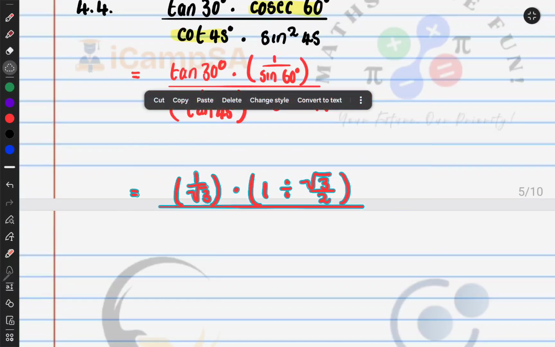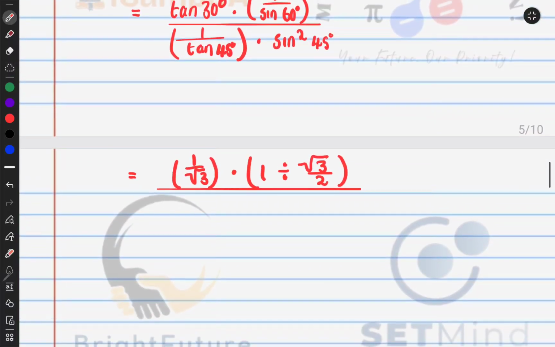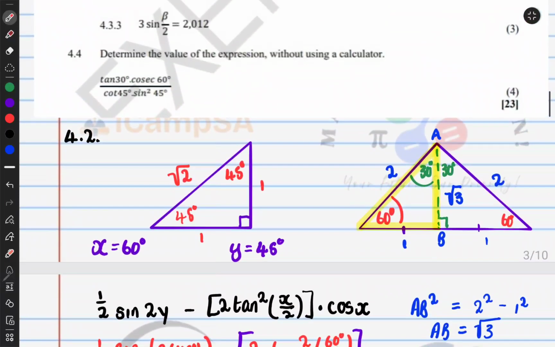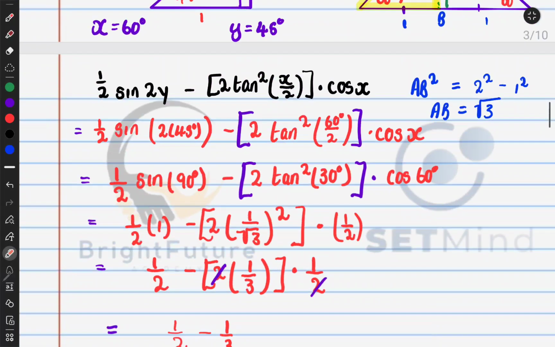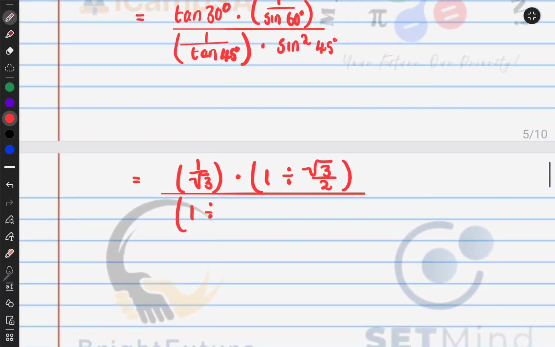Over 1 over tan 45, so it's 1 divided by, what is tan 45? Let's come to our triangle. Tan 45 is opposite 1 over adjacent 1, so tan 45 is just 1 divided by 1, so it's just 1, multiplied by sine squared 45.